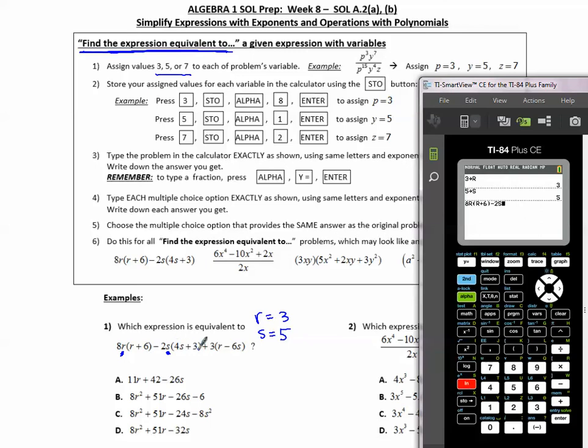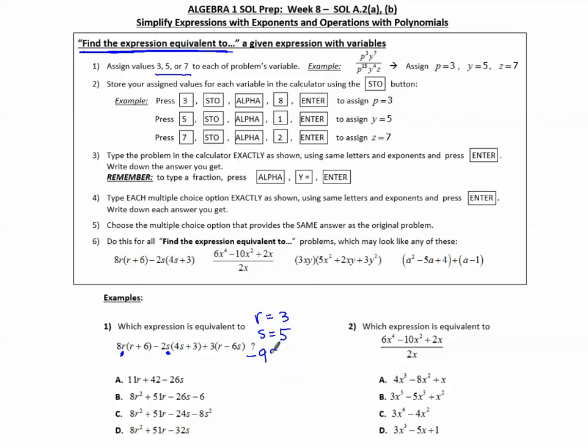Then a parentheses, 4S plus 3. And then plus 3, another parentheses, R minus 6S, close the parentheses, enter. I got negative 95. That's what I'm going to write down.